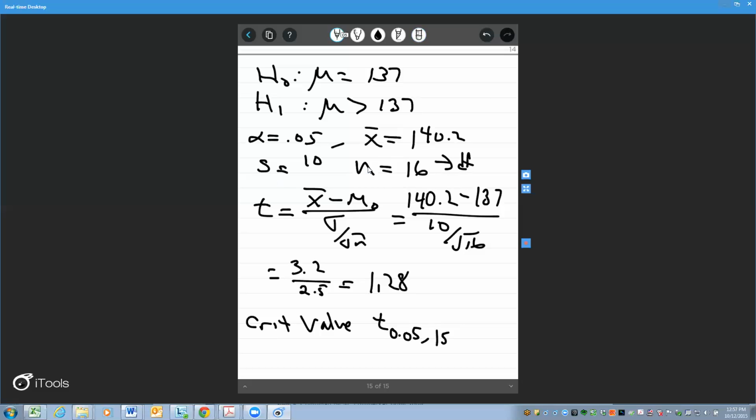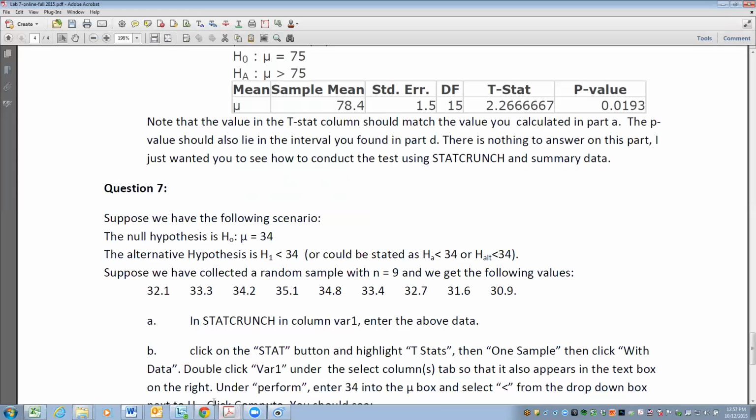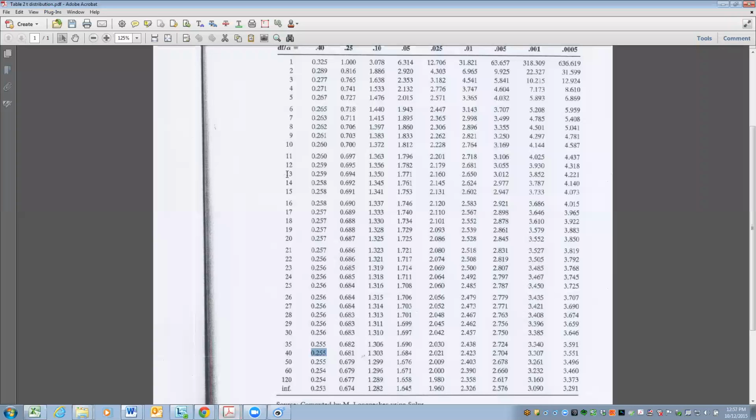So I'm going to go to my t-table, the 15 row, the 0.05 column, and I see 1.753.